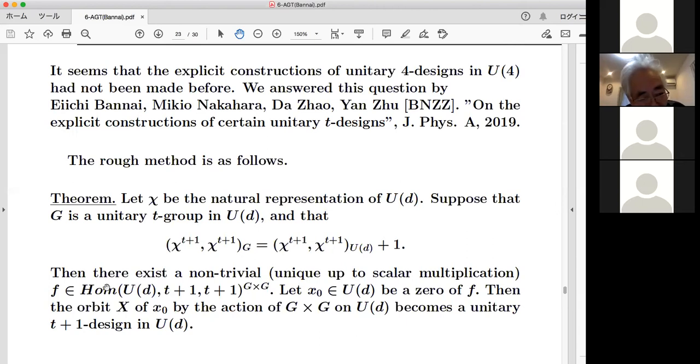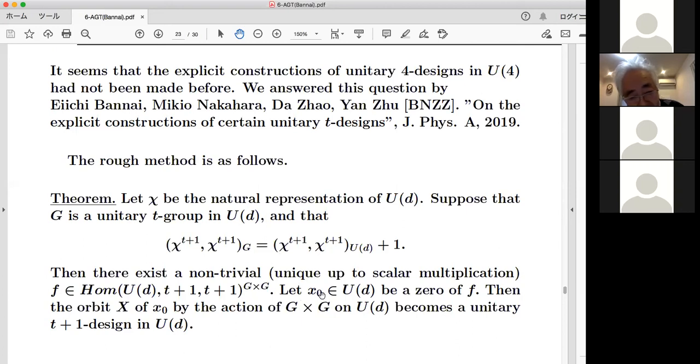In that case, there exists a non-trivial polynomial f over UD of degree T plus 1, unique up to scalar multiplication, which is invariant by the action of G cross G. This G cross G group acts on UD very naturally. So if this condition is satisfied, then we can see there is a unique non-trivial f here, and we can calculate this.